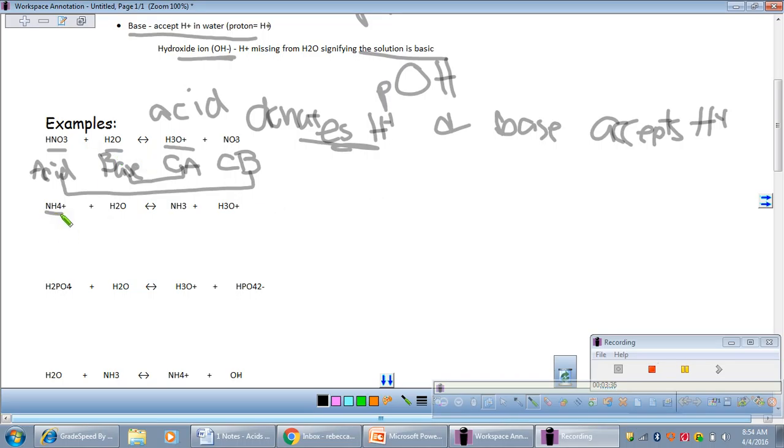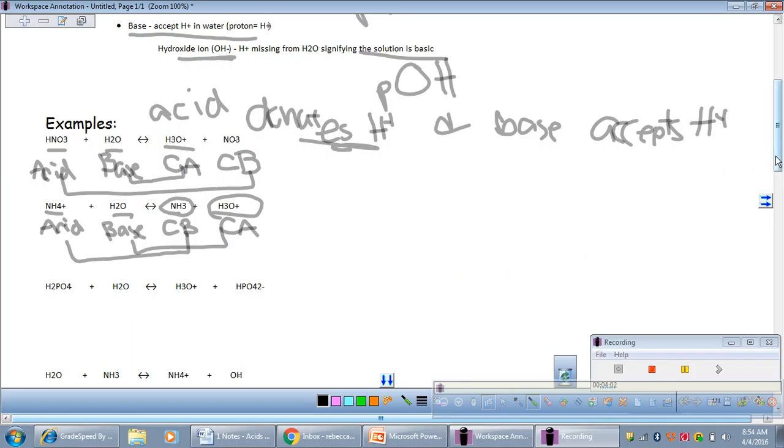All right, NH4+ and H2O. You have to look at the product to see how it's changed. NH4+ to become NH3, well, it has given up a proton, so it is an acid. So this becomes our conjugate base. H2O becomes H3O+. It has gained a proton, so that is our base, and the other one is our conjugate acid. Again, they get paired up, acid-base pairs.